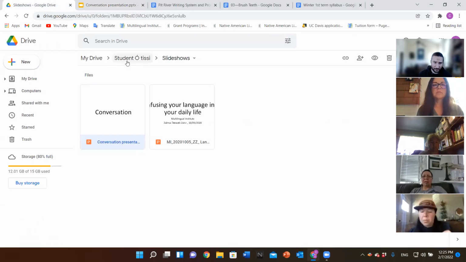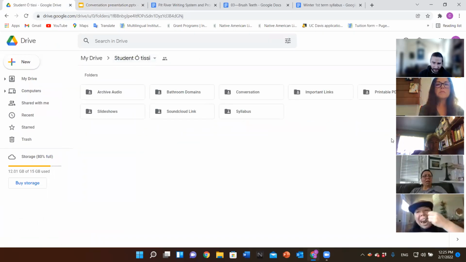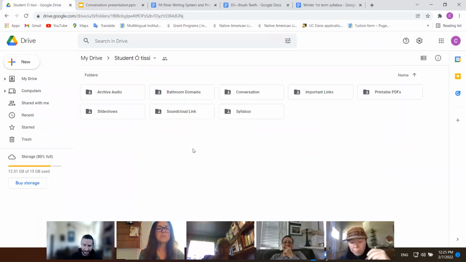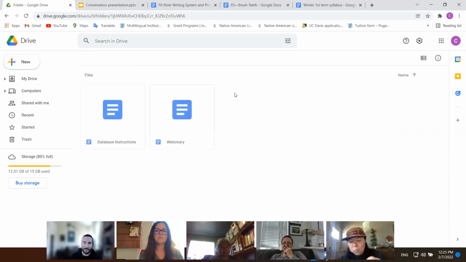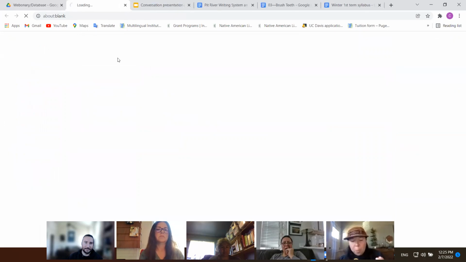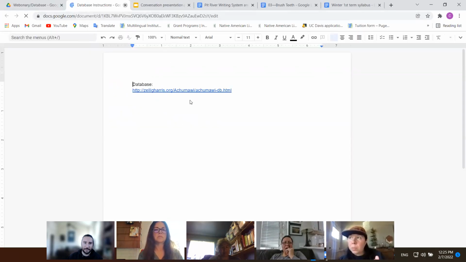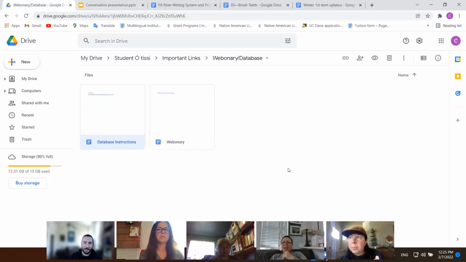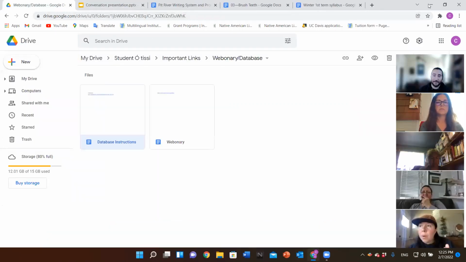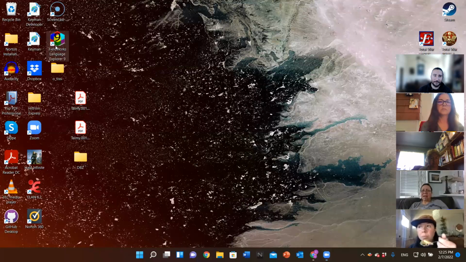On the Google Drive, well, the database, I don't have the Bauman dictionary on here, but on the database, under important links, and then webinar, these are the instructions to download the database. How to find it on the database? It's under interlinear text.